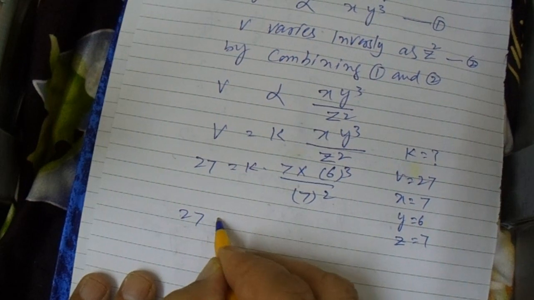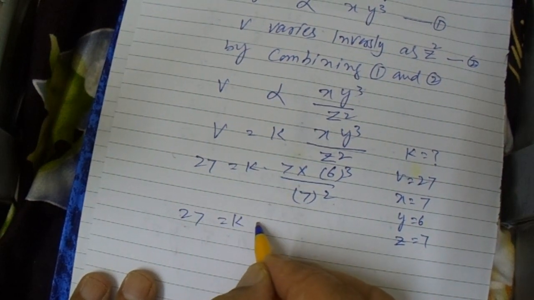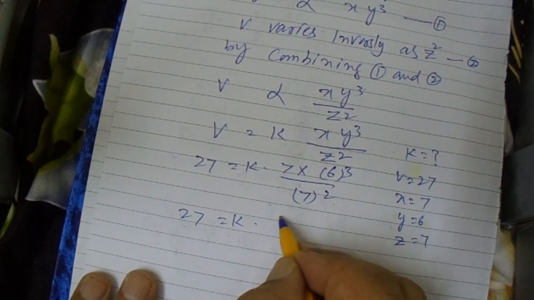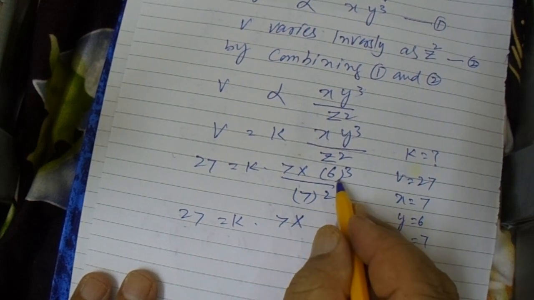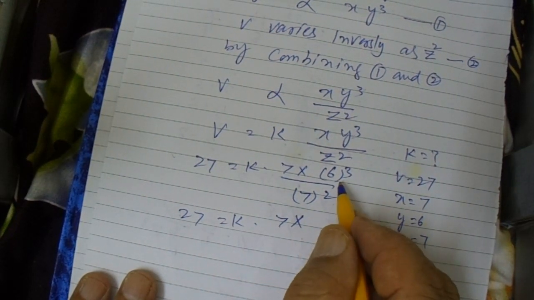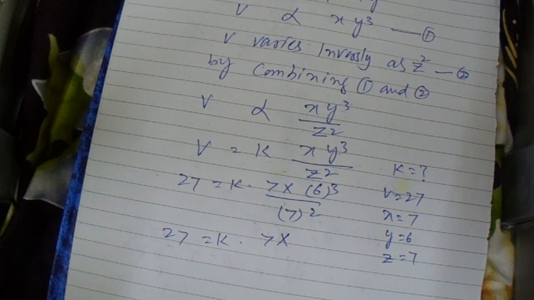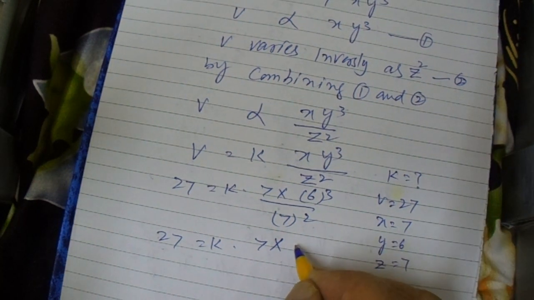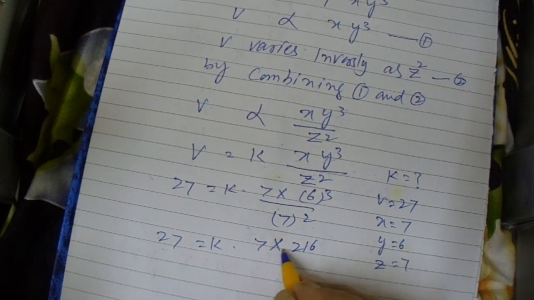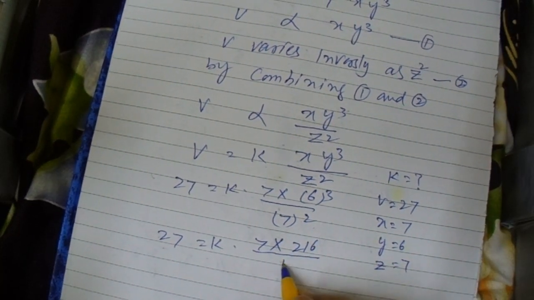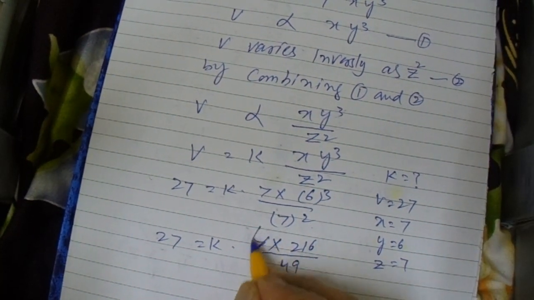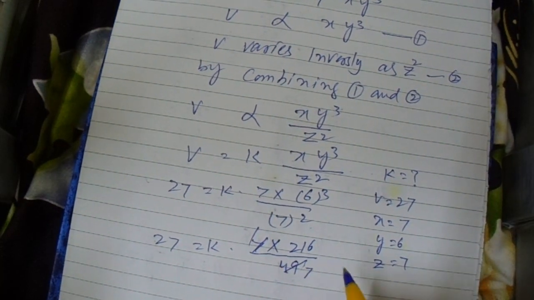And 27 is equal to k, and multiply 7 by 6 cubed, which is 36 multiplied by 6 is equal to 216 over 49. 7 ones are 7, 7 sevens are 49.